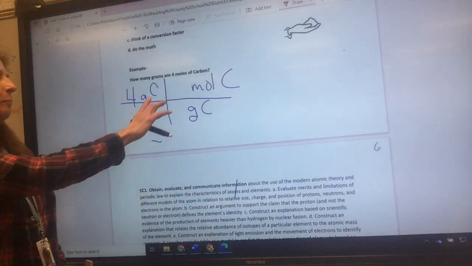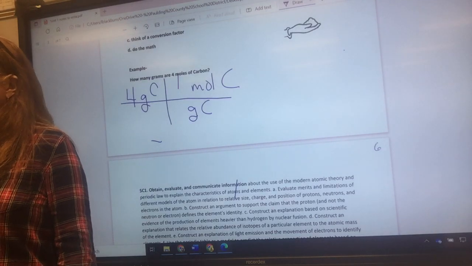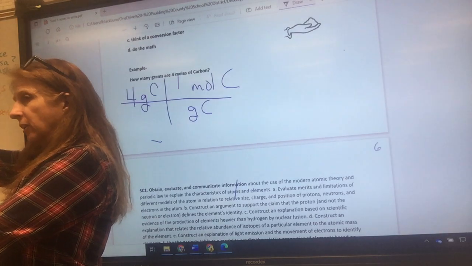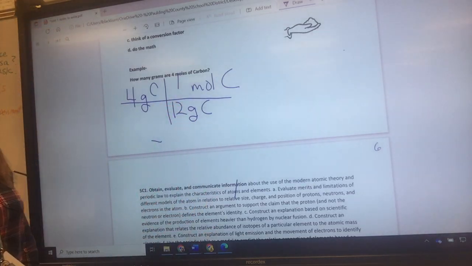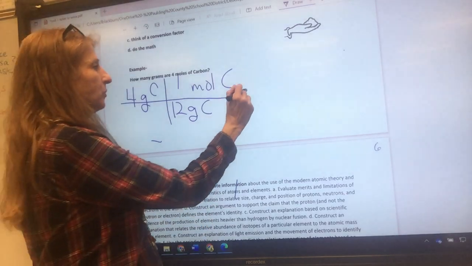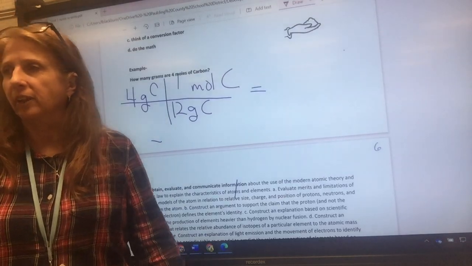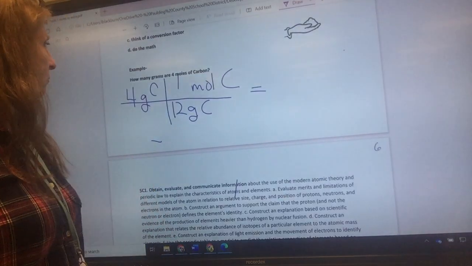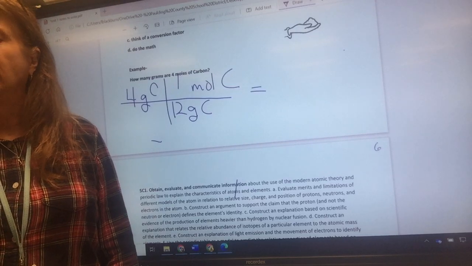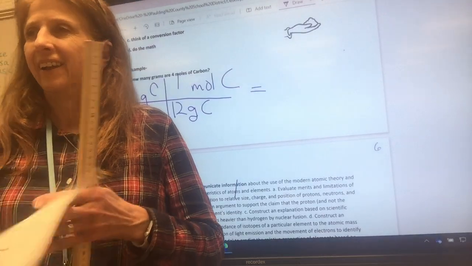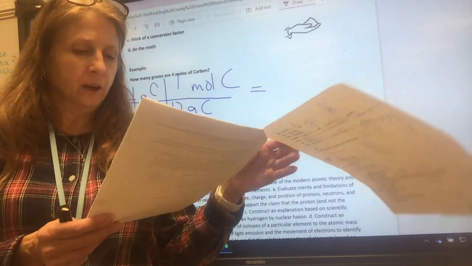And what is the relationship? How many grams is 1 mole of carbon? Look on the periodic table. What's that little red number? 12. So now I can do the math. 4 divided by 12 is what? You can do it on your calculator if you need to. 12 divided by 4 is 3, so do it on your calculator.